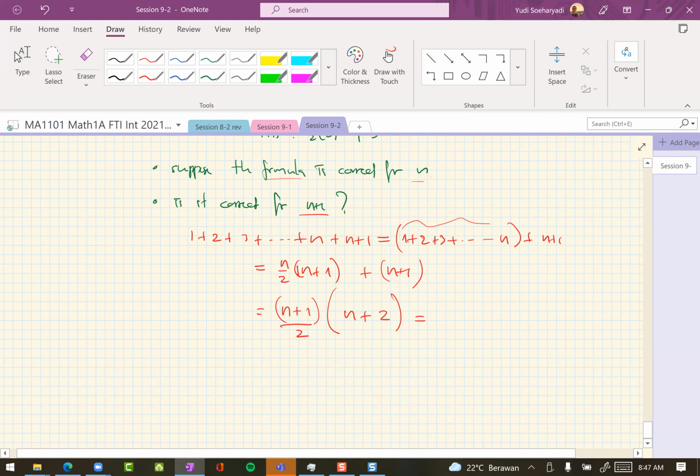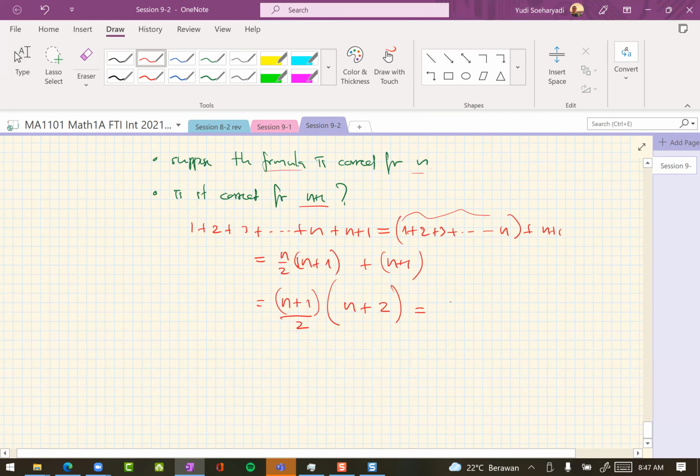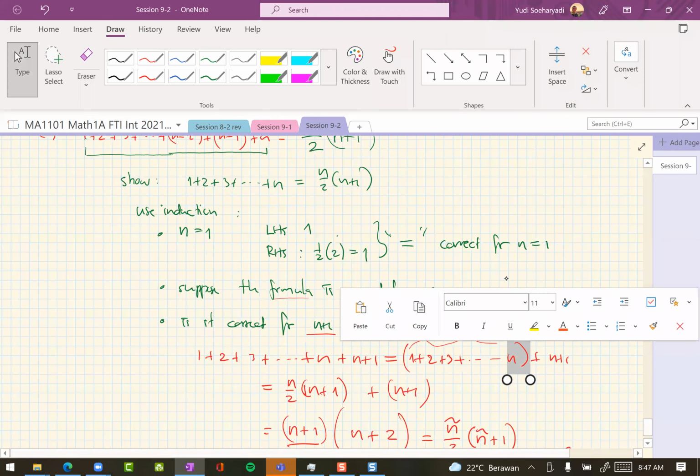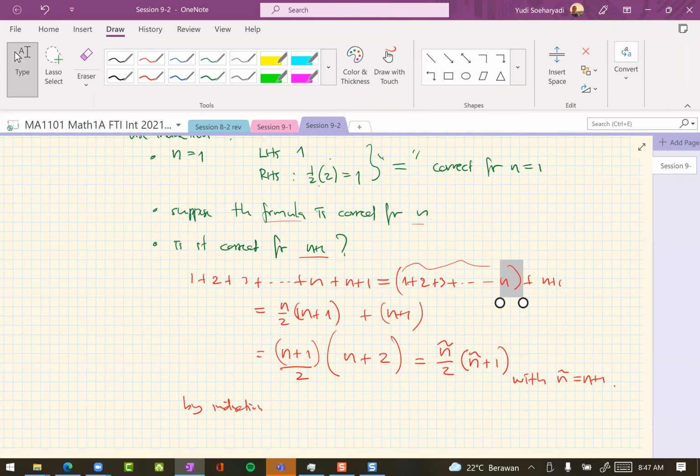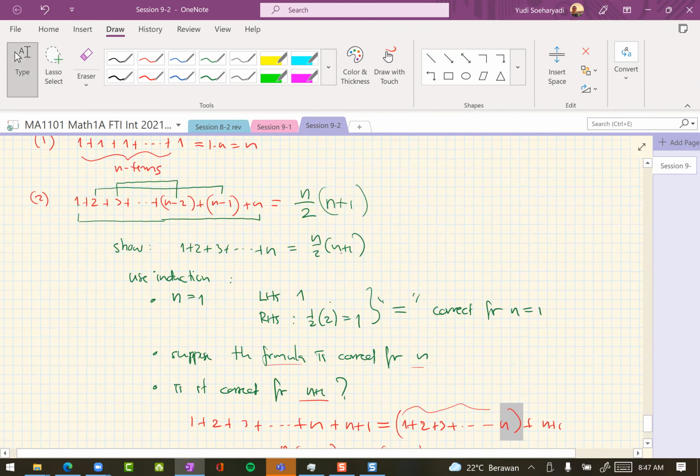So the induction is just like replacing the n from this formula with n plus 1.